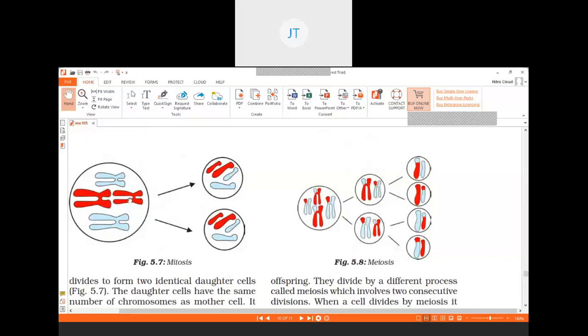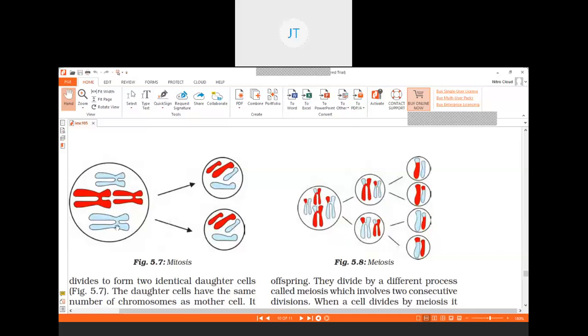In this cell you can see two red chromosomes and two blue chromosomes, and from that mother cell two daughter cells form, and both daughter cells have the same kind of chromosome design that the mother cell has. Here also two red chromosomes and two blue chromosomes.